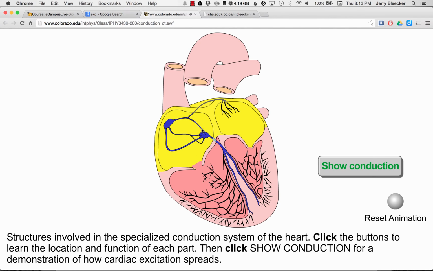And a moment later, when the signal's picked up by the AV node, there's a little bit of a delay, and that's good because you need to let the atria fire, then the ventricles get to go. This is a long delay. It's not that long in real life. And there's a signal that goes down through the bundle of His to the Purkinje fibers, and we get contraction of the ventricles. Pretty good animation.